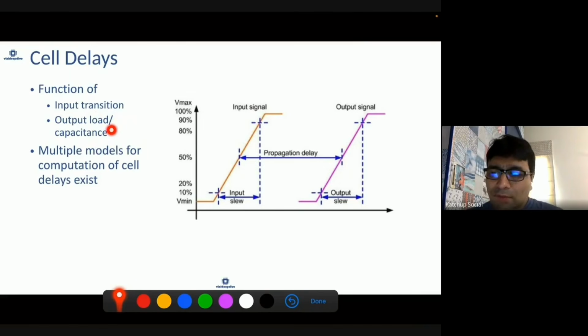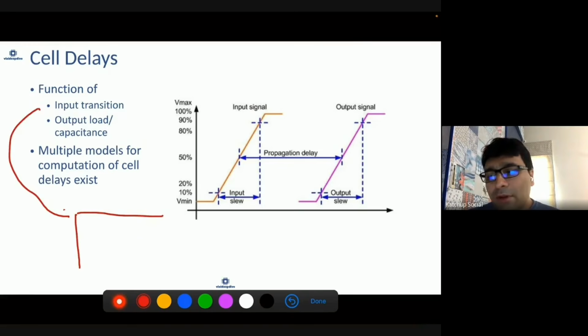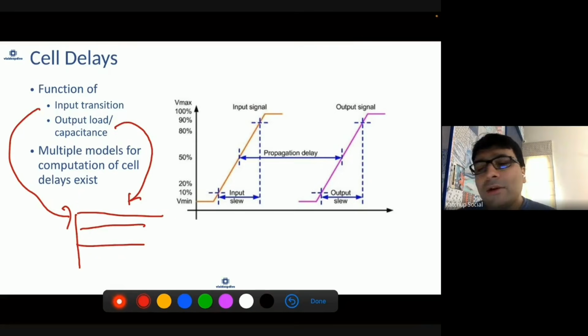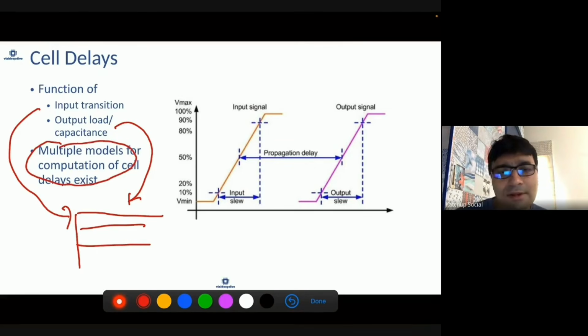Logical libraries typically will have a table which will have the delay values as a function of input transition and output load, and based upon that, the STA tool will calculate the delay depending upon the present netlist on which it's running, what is the load being calculated, and what is the input transition. There are multiple models which exist for computation of cell delays, which we are not going to go into details, but the basic thing to understand is it's a function of input transition and output capacitance.